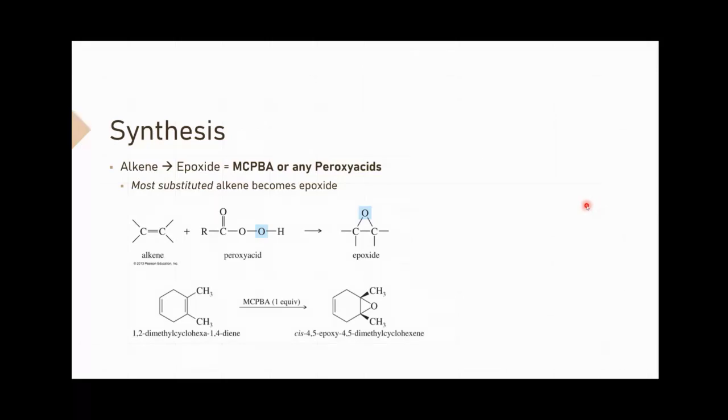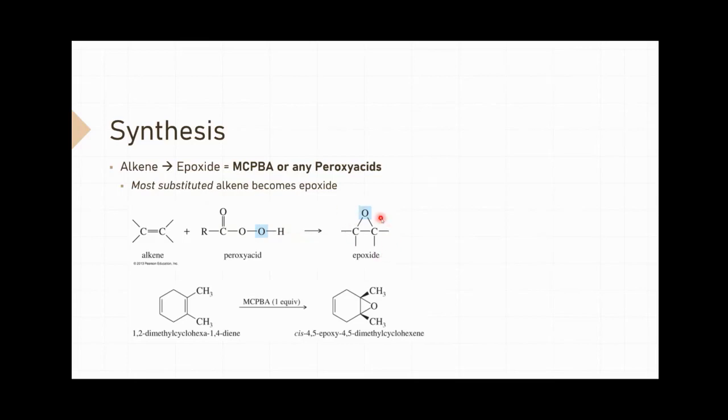Another reaction you can do is reacting it with MCPBA or any peroxy acid. A peroxy acid is anything that has this format, where you have a carbonyl and two adjacent oxygens in a chain.